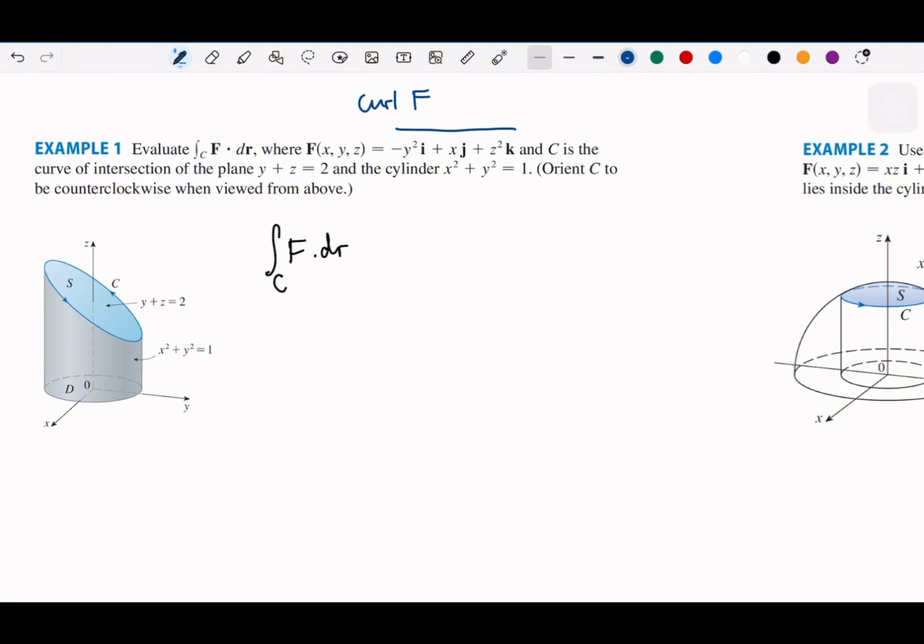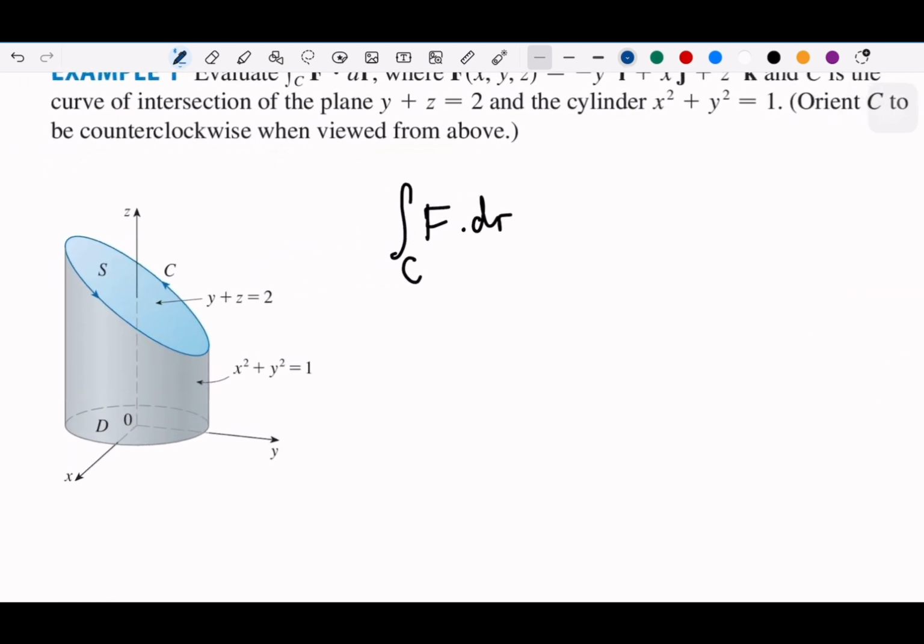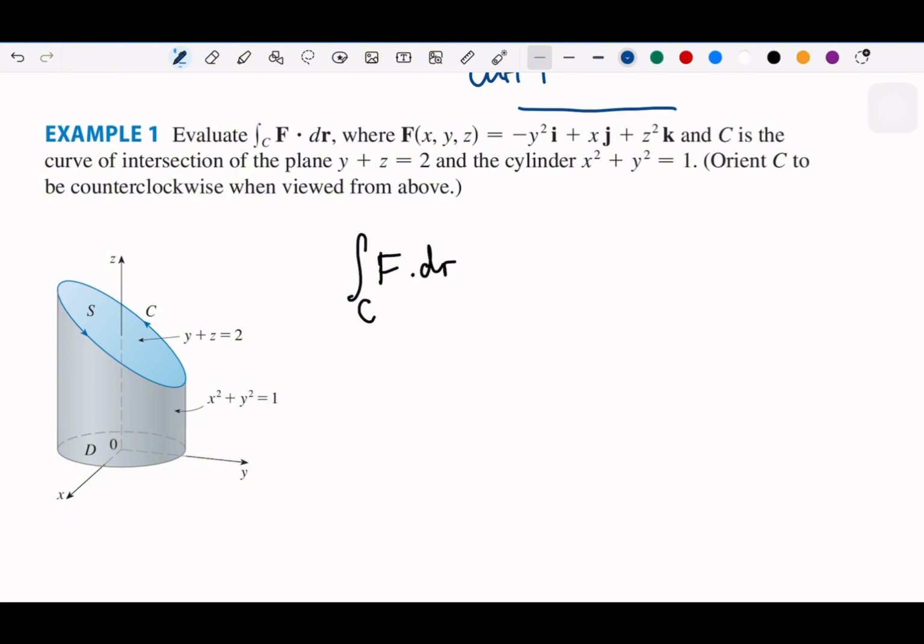So we have a cylinder, and the plane slices the cylinder. You also see that the orientation is counterclockwise. So basically we are going to use the formulas directly.